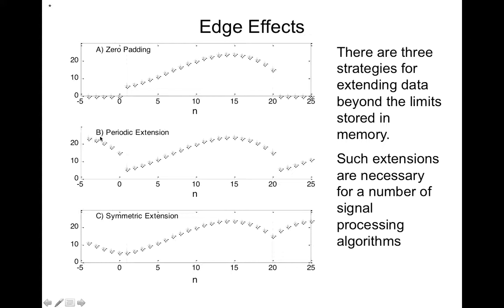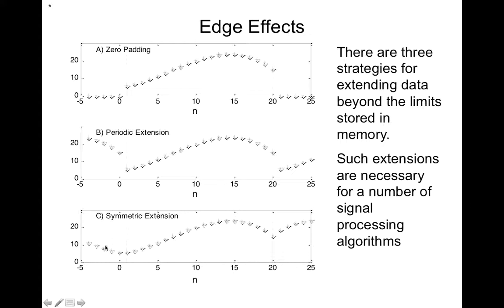Another is to do a periodic extension. So in other words, we take the end of this waveform and we add it to the beginning, and we take the beginning and we add it to the end, so that it looks like this waveform is repeating itself over and over again, which then gives you more of a look like it is a periodic signal.